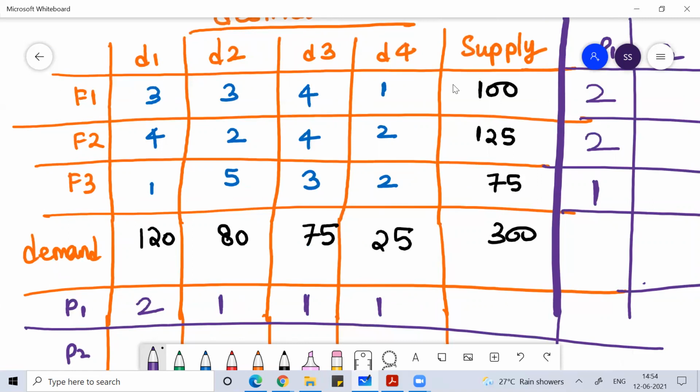Here the largest penalty is 2, and it came 3 times. You can take any 2, it doesn't matter. Suppose I pick this 2. This penalty helps you decide which row or column you need to allocate first.